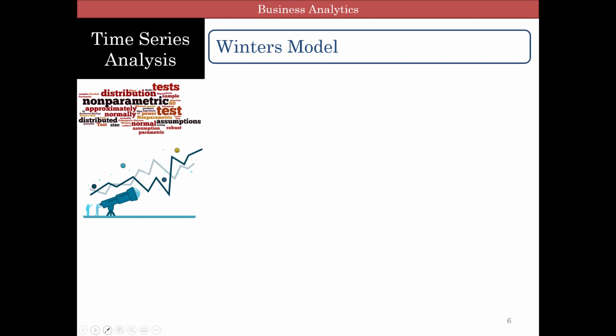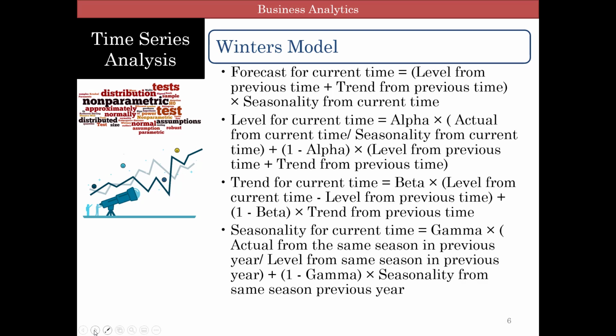So let's look at the formulas for Winter's model. Again, let's review the formulas. Forecast for the current time: we initialized it using the static method, taking the trend, level, and seasonal index from the static method. Forecast for the current time was level from the previous time, plus trend from the previous time, multiplied by the seasonality in the current time.